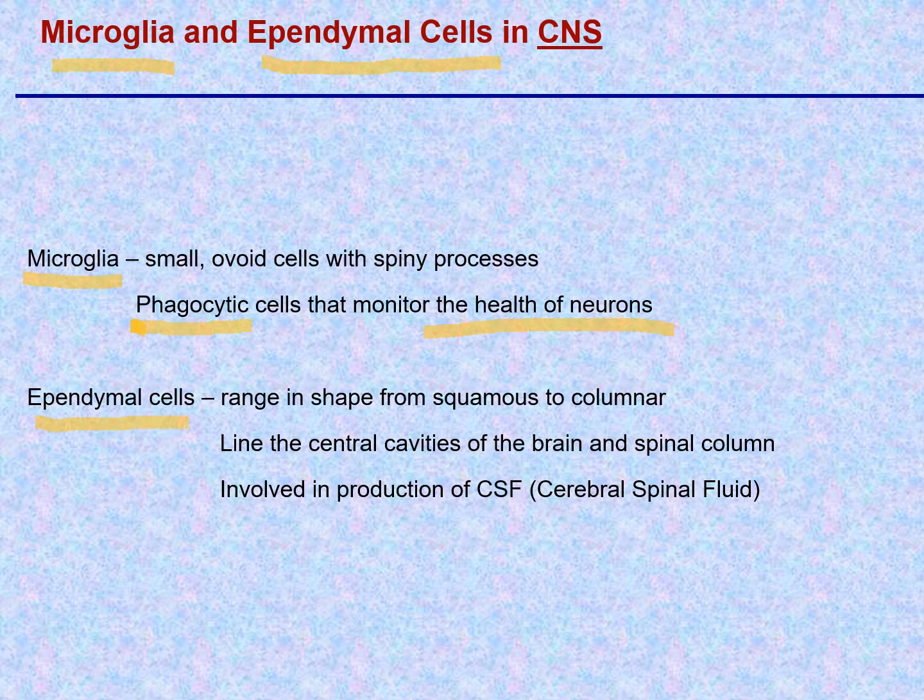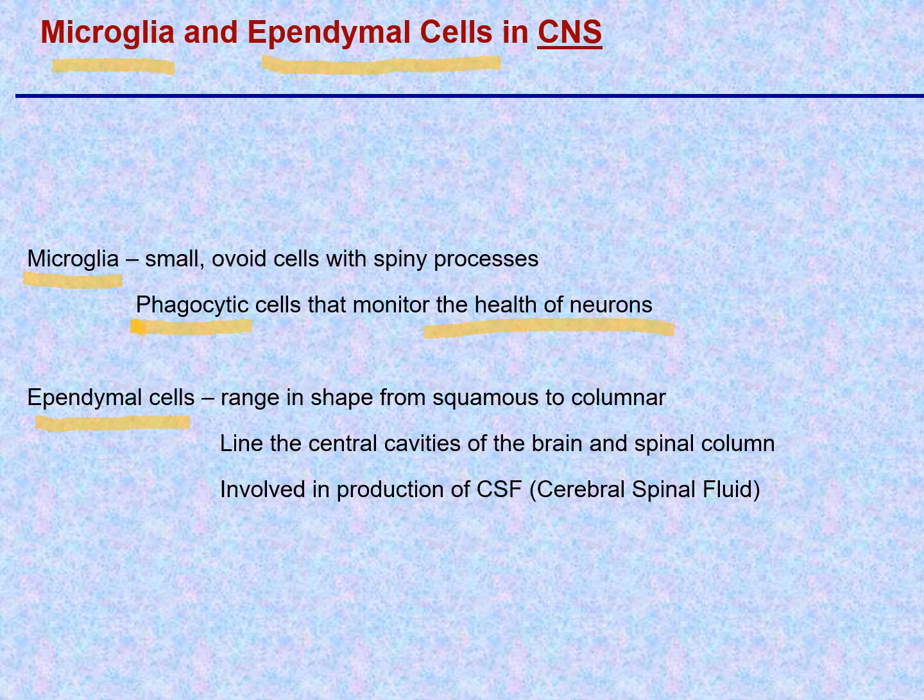Ependymal cells, also found in the central nervous system, have a characteristic shape. They're lining the spaces of the brain, and there are spaces in your brain and your spinal cord that are filled with a fluid called cerebrospinal fluid, and the ependymal cells are involved in production of that fluid.